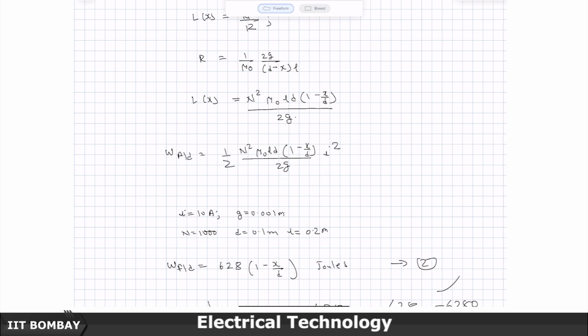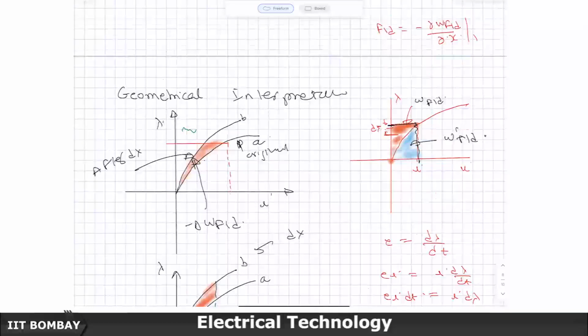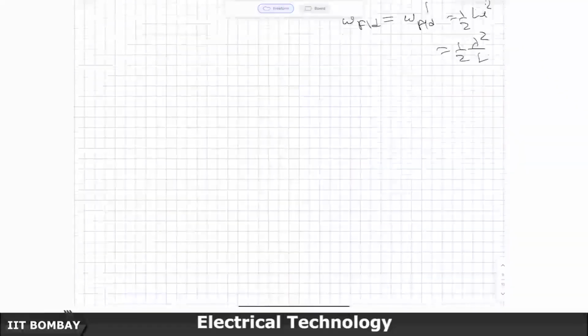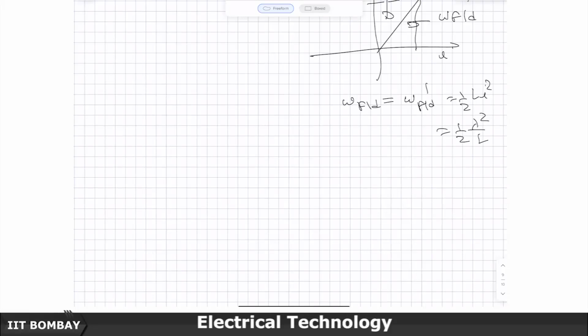So, let me copy this and bring it down somewhere here. Let me paste it here. Remember, because only the air gap is there, mu r is infinity. So, this is a linear system, so energy and co-energy are one and the same.